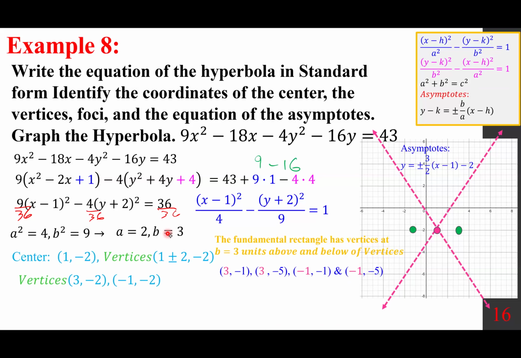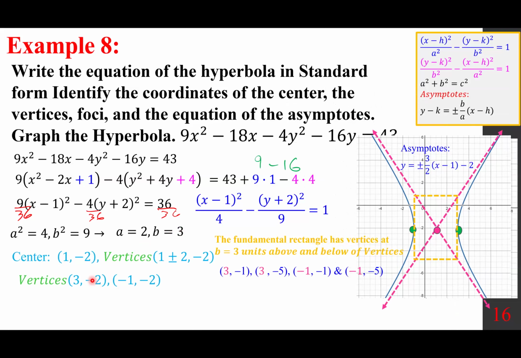So we are going to go, for example, to this number, add 3 and subtract 3. And so we have those 4 points, and it looks like that. And here's the graph.